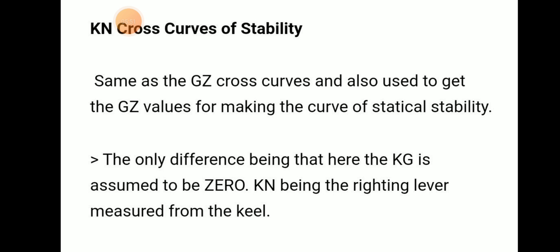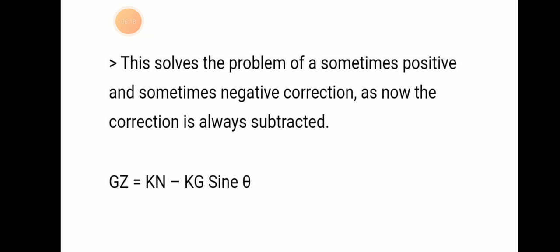Then the KN cross curves of stability. They are almost similar to the GZ cross curves, and are also used to get GZ values for making the curve of static stability. The only difference is that here KG is assumed to be 0, and KN is the righting lever measured from the keel.